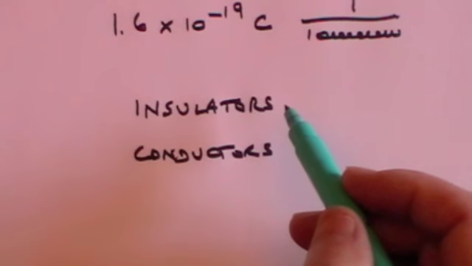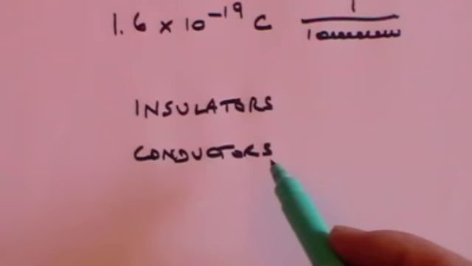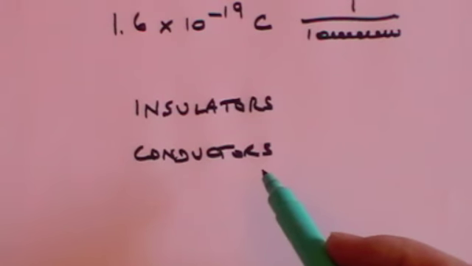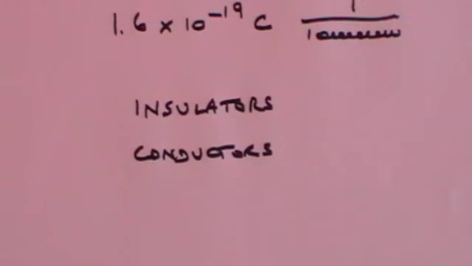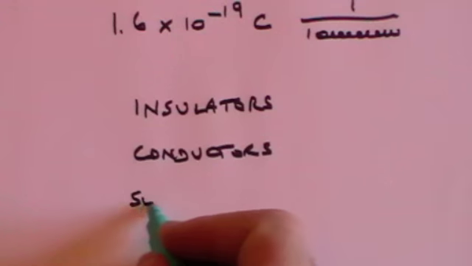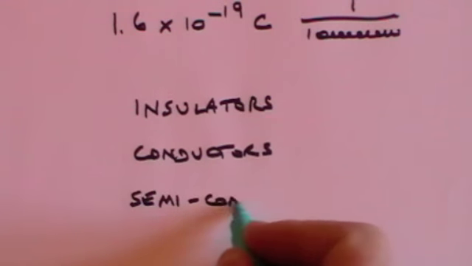You can put an electron on an insulator, but it won't go anywhere. Whereas electrons can move through conductors, like copper wires, and when electrons move through conductors, that is the process of electricity. There's a third type, and that's called semiconductors.